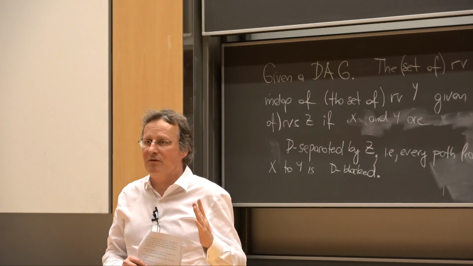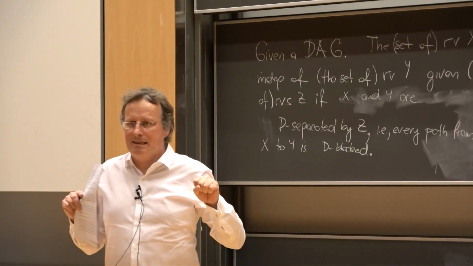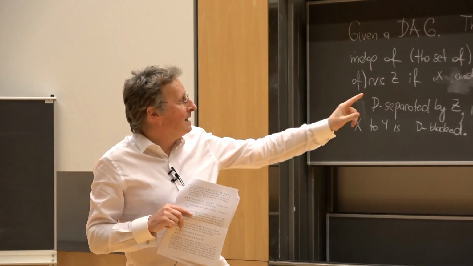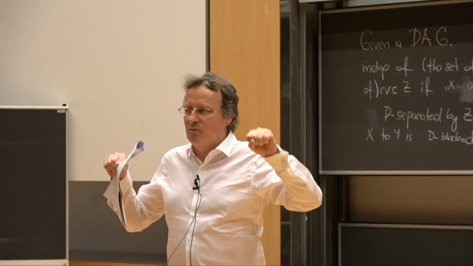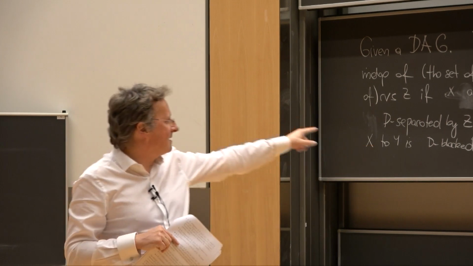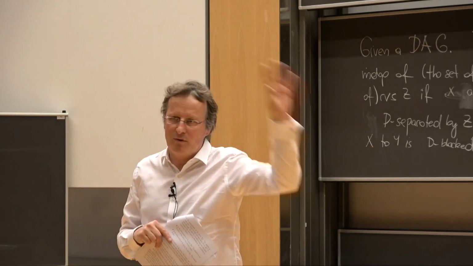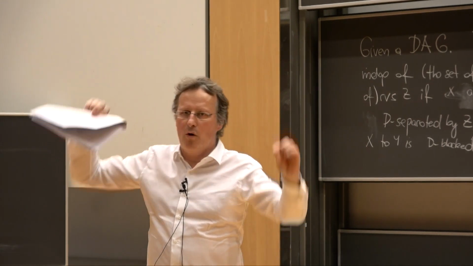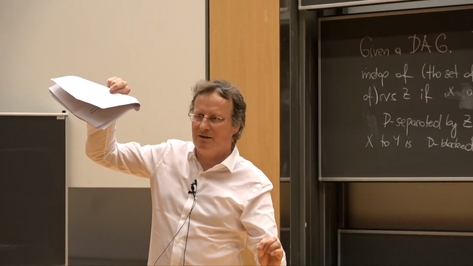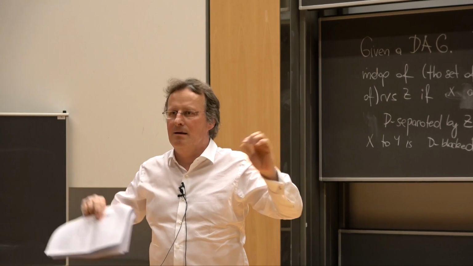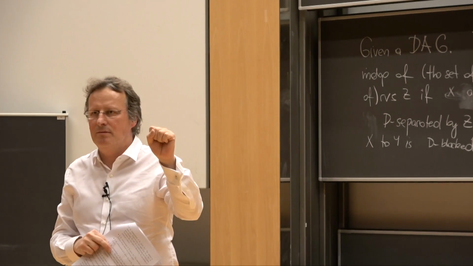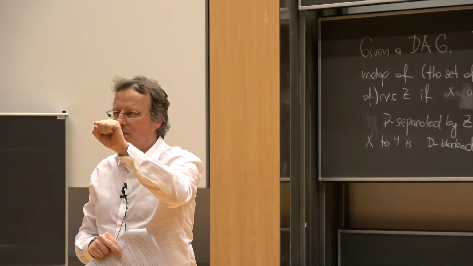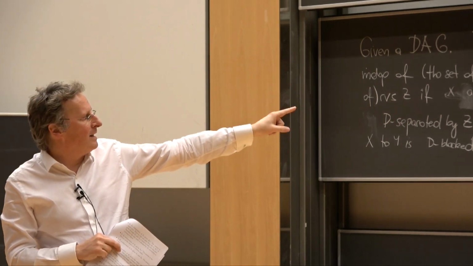Okay, so what you have to do is the following. In this case, it's simple in the sense that the x1 and x3 are just really single random variables. All these things still apply if x1 was a whole group, the other one was a whole group, and then I would have to look at all possible paths going between all the elements of here and all the elements in here. But now it's easy. I just give you one random variable, one random variable, one random variable. So now ask x1, x3, x2.